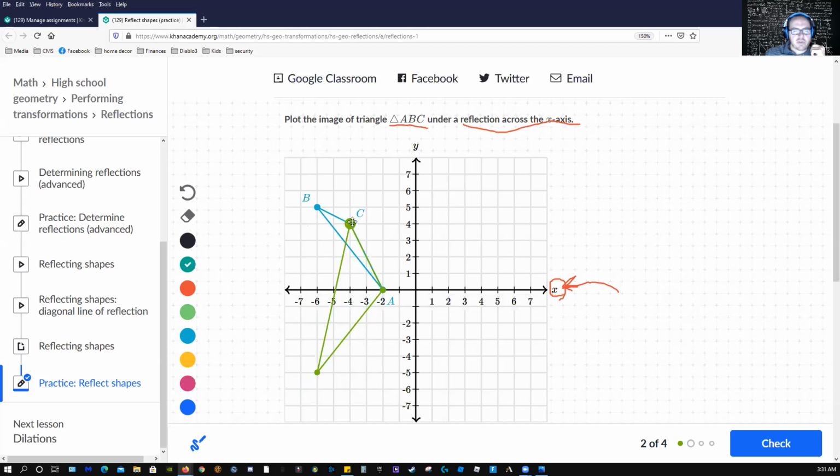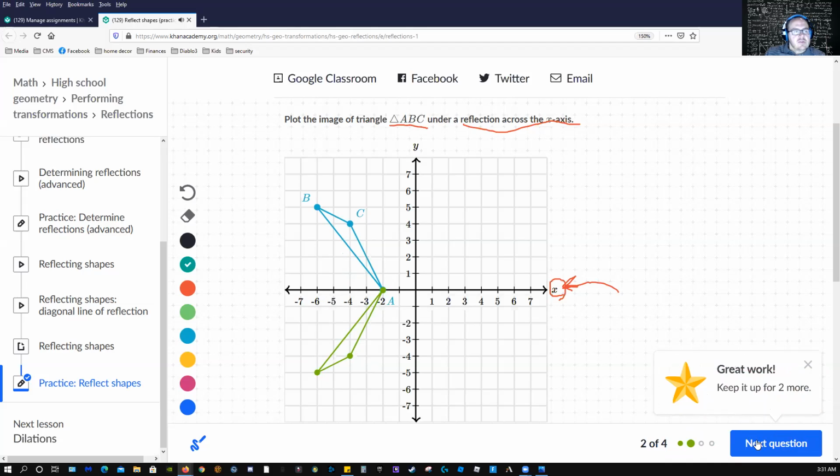And this one, point C is at 4, and I need to flip that over so it's at -4. So the one that's on the x-axis doesn't really go anywhere because it's equidistant from the x-axis. Point C, its opposite is here, and point B's opposite is here.